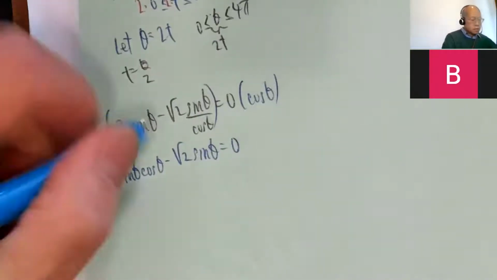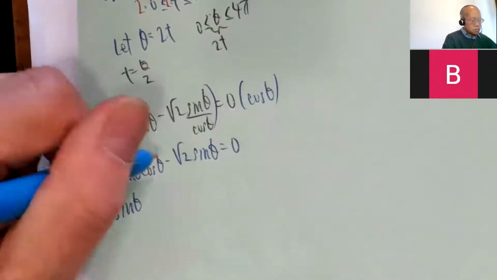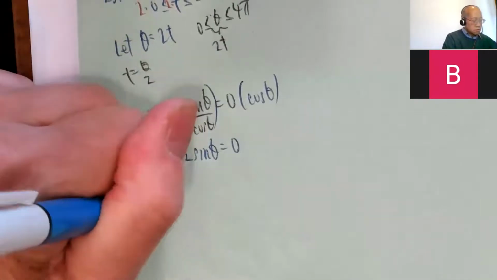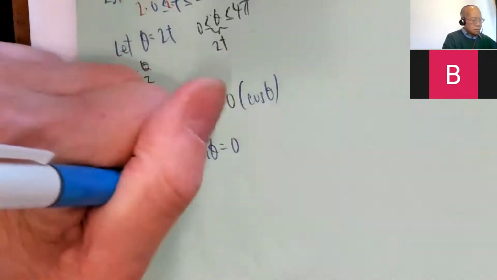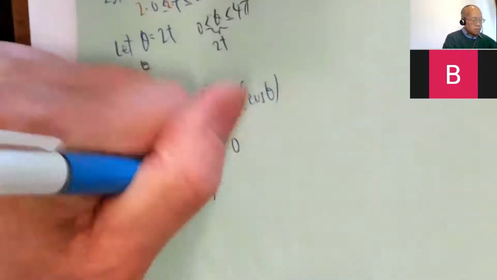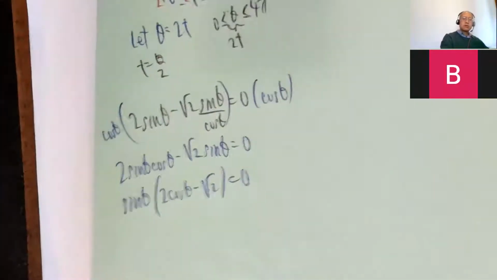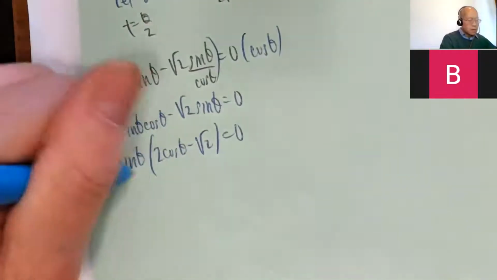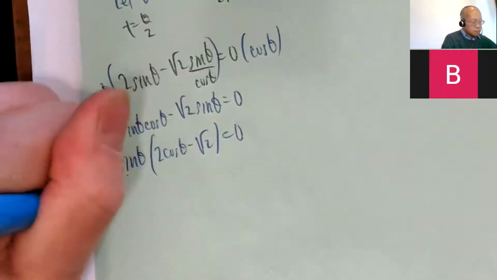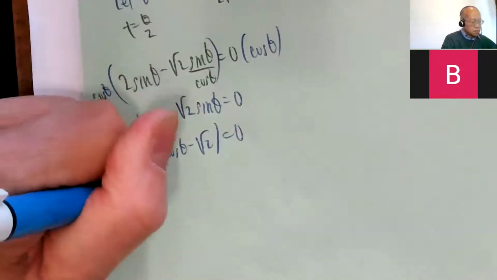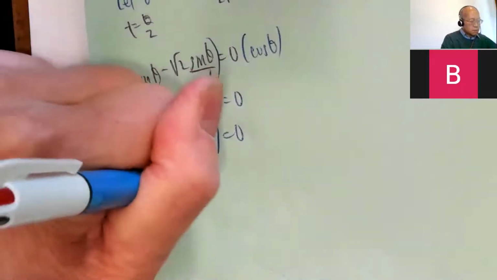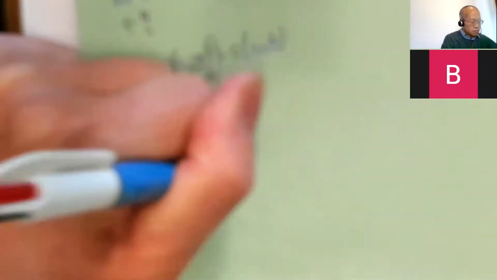Factor out sine of theta: 2 cosine theta minus radical 2 equals 0. Either this is 0 or this is 0. This one comes out to be cosine of theta is radical 2 over 2.